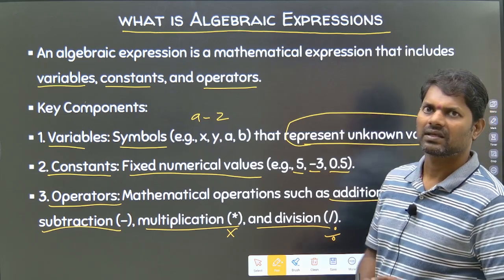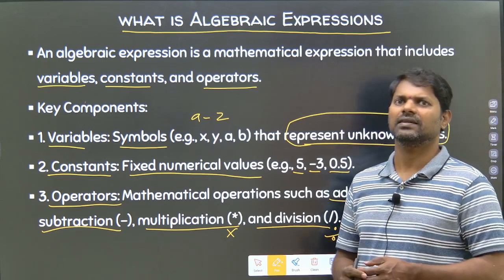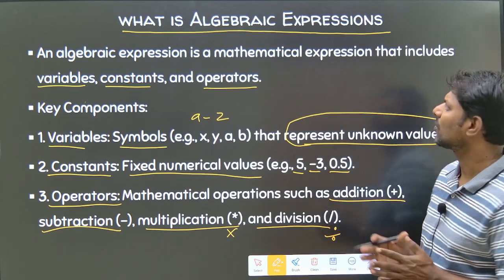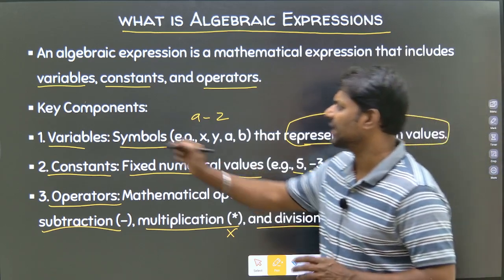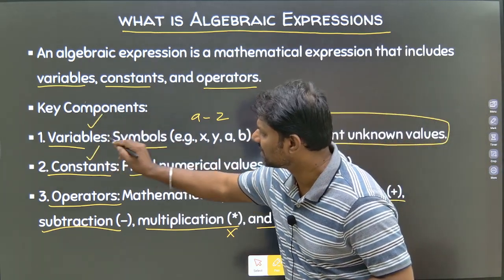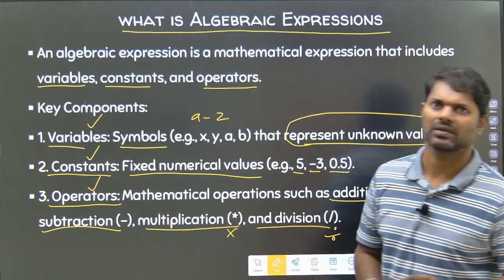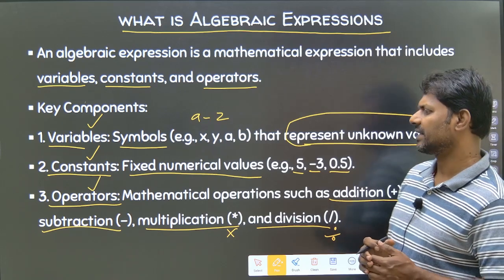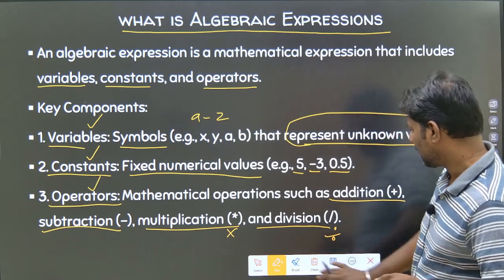So algebraic expression is a mathematical expression which contains a combination of variables, constants and operators. Combination of these three things is called an algebraic expression.